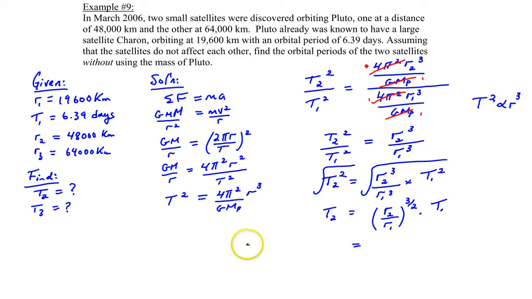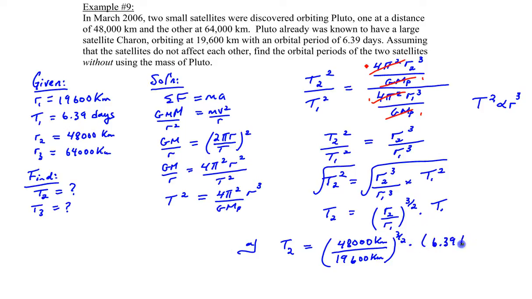So if we look at the first satellite, we would get T2 equals brackets R2, that's 48,000 kilometers, all over R1, 19,600 kilometers, to the power of 3/2, multiplied by T1, 6.39 days.